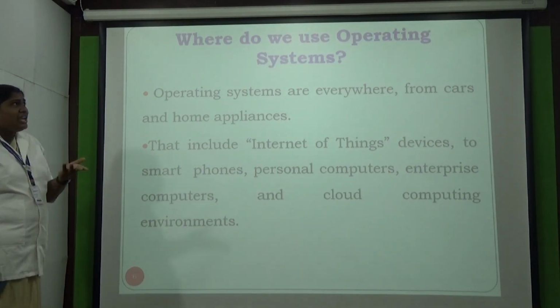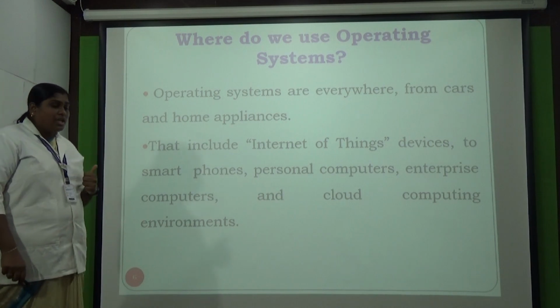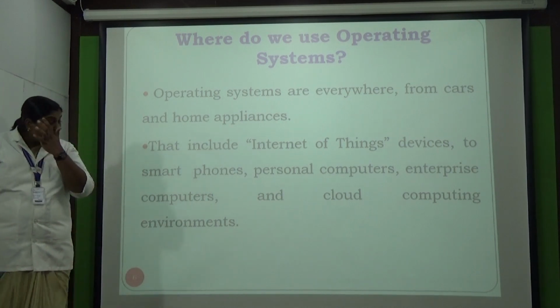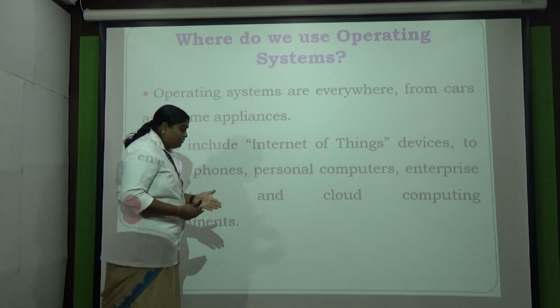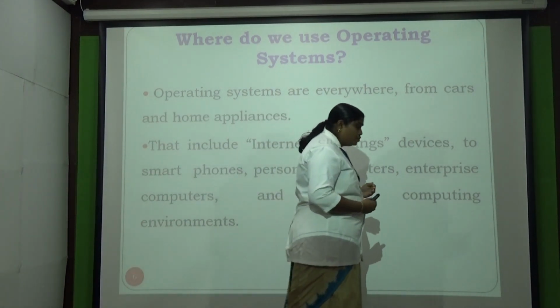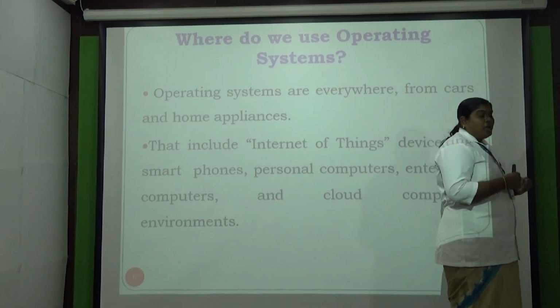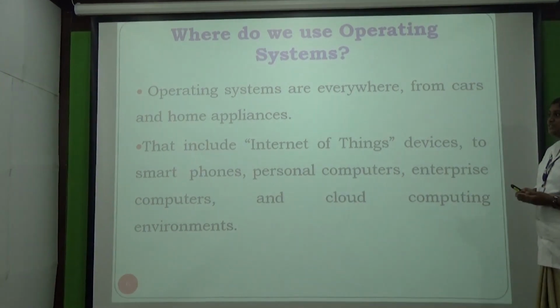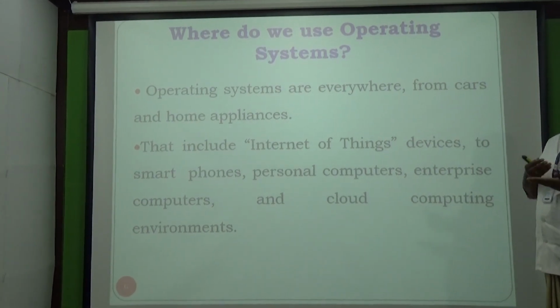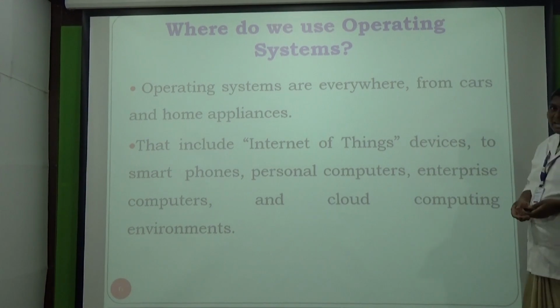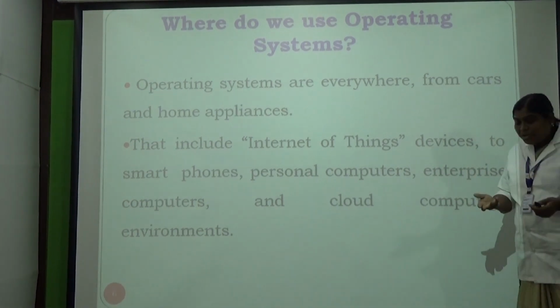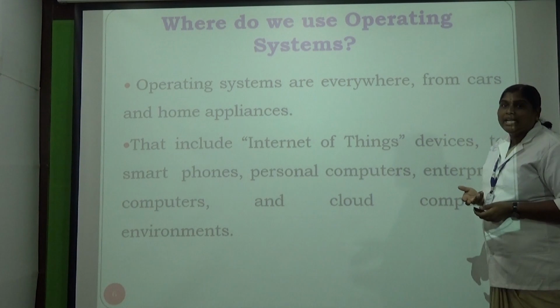Next, where do we use operating systems in day-to-day life? We are living in a hybrid life. We are using more applications for household activities, for cars, even for home appliances we are using technology. It may be manually controlled or automatically controlled.